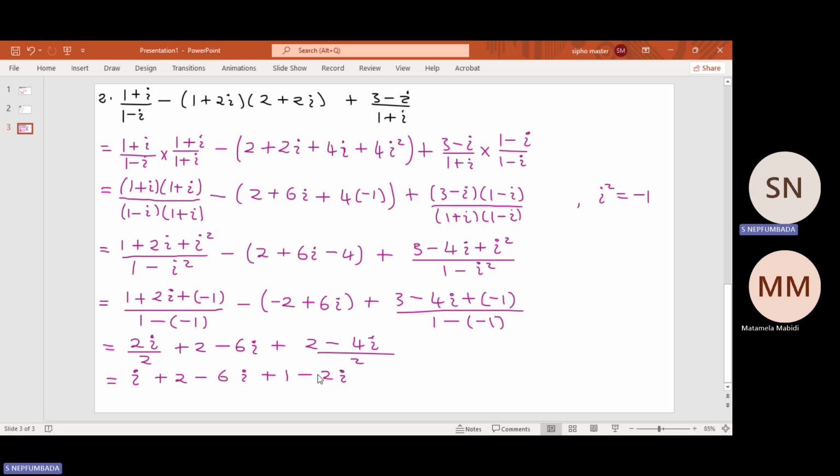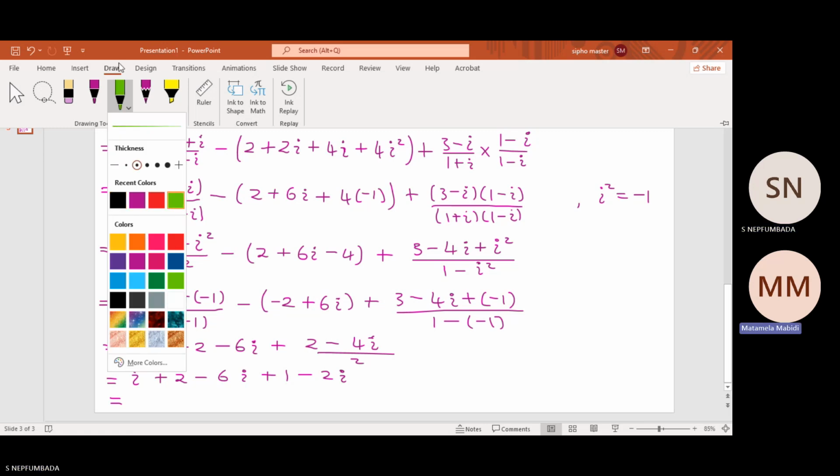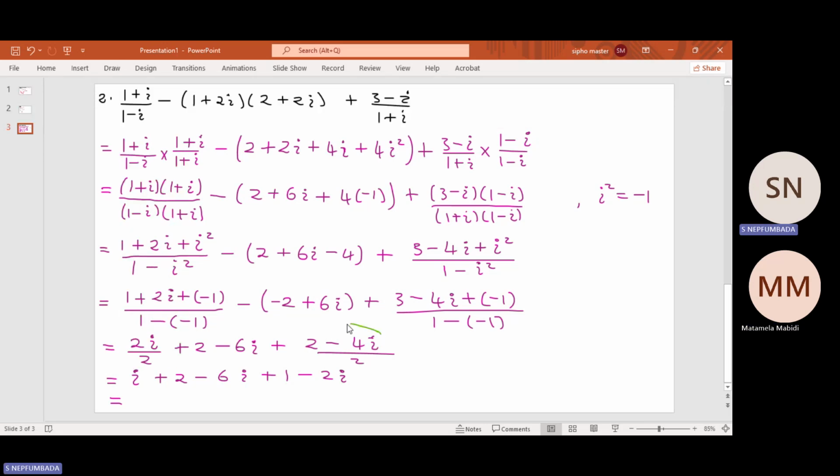This is equals to 2 over 2 minus 4i over 2, where, by the way, this is 1 minus 2i, which is this.